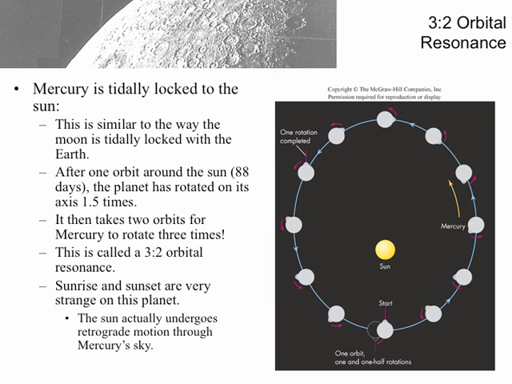Once it travels one time around the sun, it has only rotated on its axis 1.5 times. So this slow rotation may explain why the magnetic field on Mercury is so weak. And also having one face towards the sun for an extended period of time helps us understand why that side of the planet is so fried while the other side is frigid.